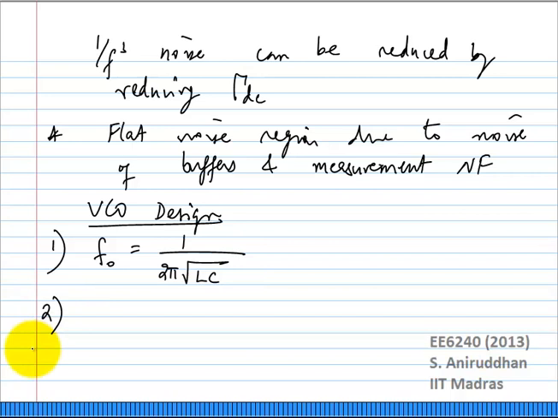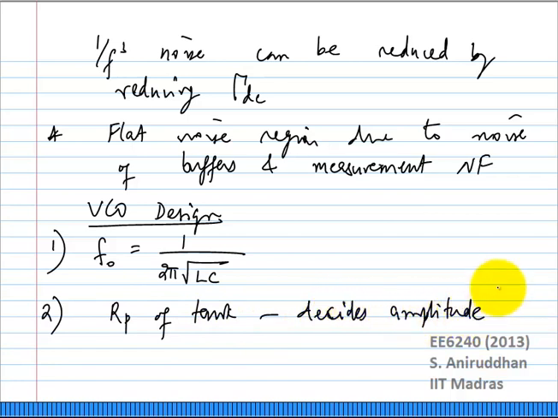Another suggestion is RP of the tank, which decides the amplitude. So how is it related to the tank? It is related to the series resistances, the losses in the inductor and the capacitor. So how do you proceed after that? Okay, so you know that.